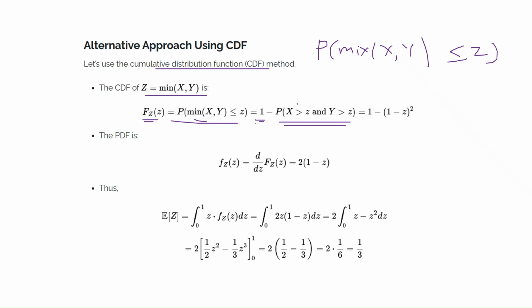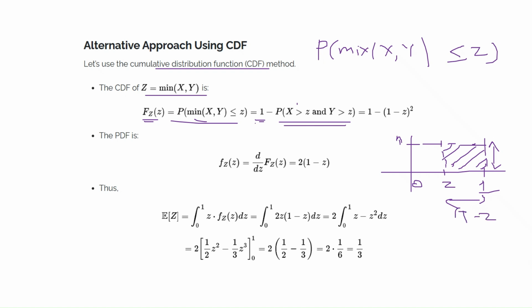Now, if this is our uniform distribution between 0 and 1, and we take some point here, say z, what's the probability that x is greater than z? We are talking about this area, which is this length times this length. Of course, this length would be 1 minus z, and the height is 1.